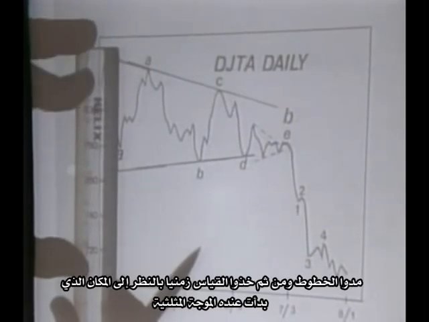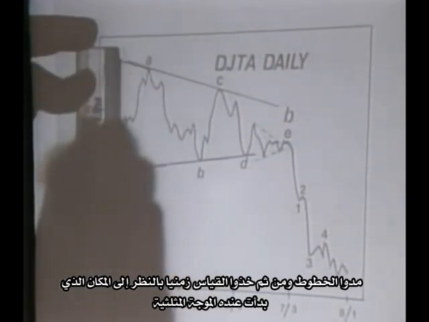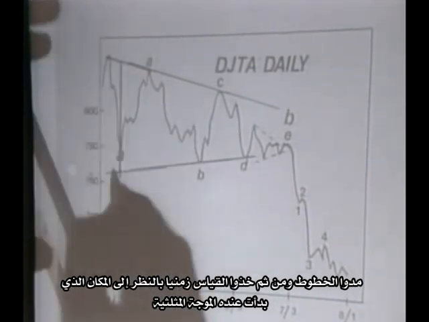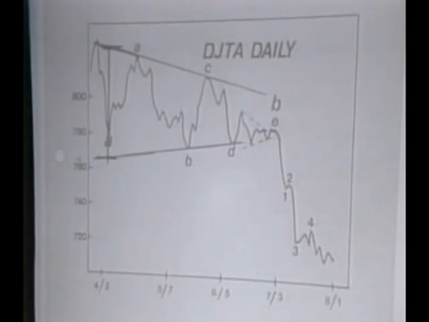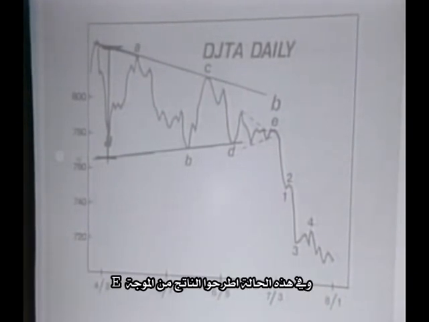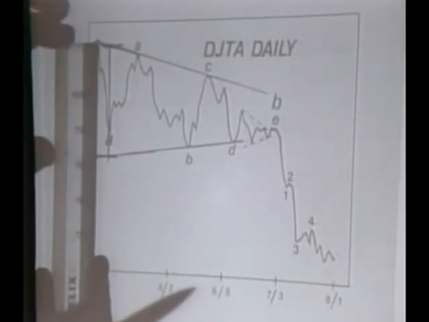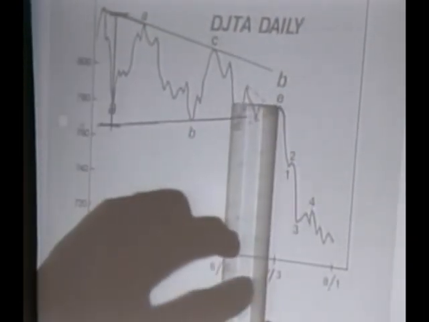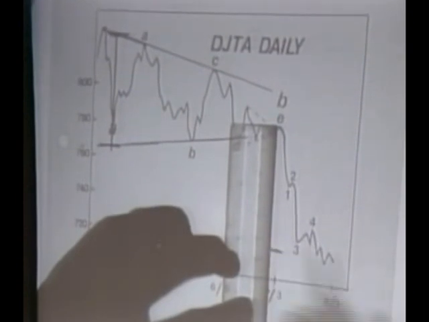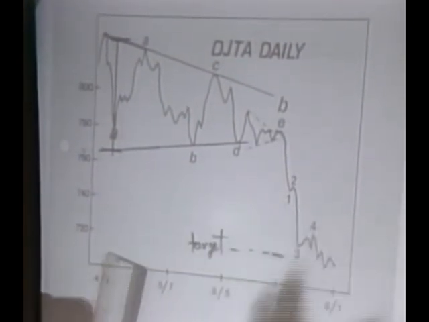You extend the lines, and then take the measurement time-wise relative to where the triangle began, and then in this case subtract it from the end of the E wave. That's roughly 5.5 centimeters or so. I'd say your target's somewhere right around there.